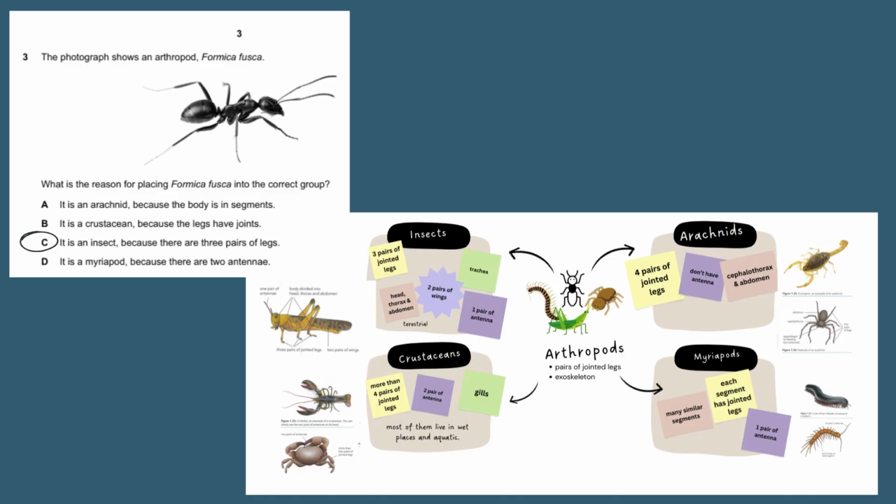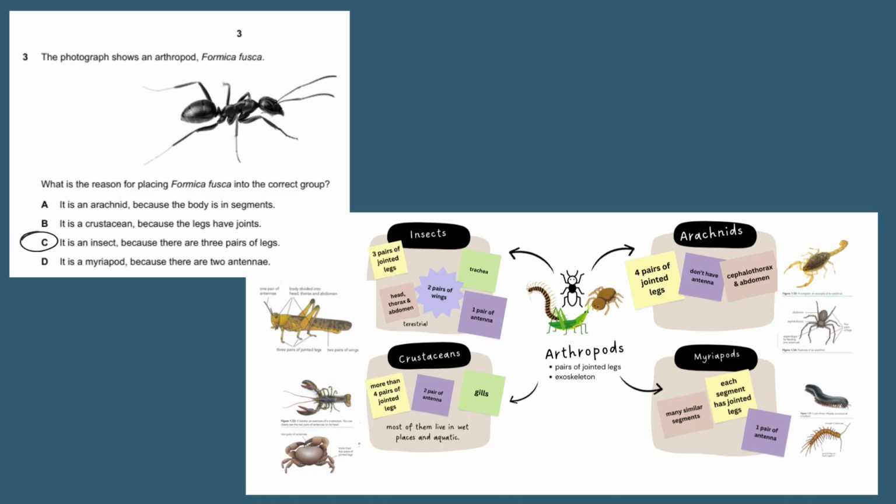So for that we have to use our mind map. First of all, we have to find which category or subclass it belongs to. Among arthropods there are four groups: insects, arachnids, crustaceans, and myriapods. Insects have three pairs of jointed legs.